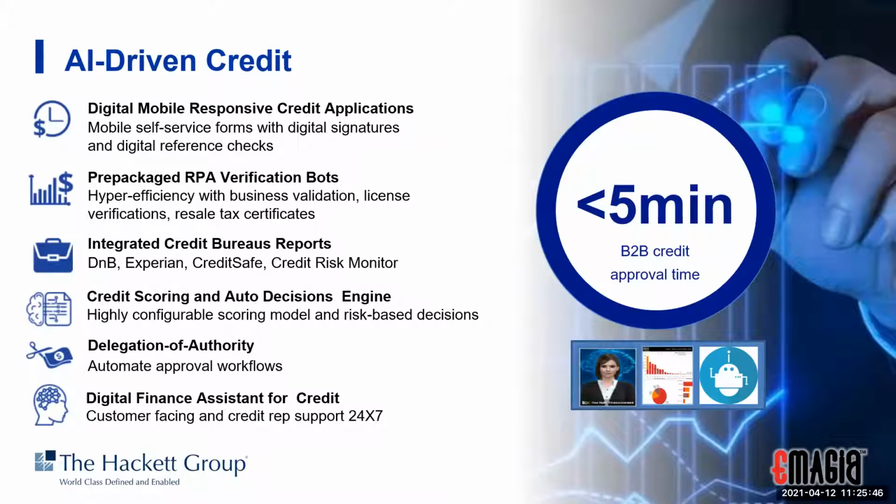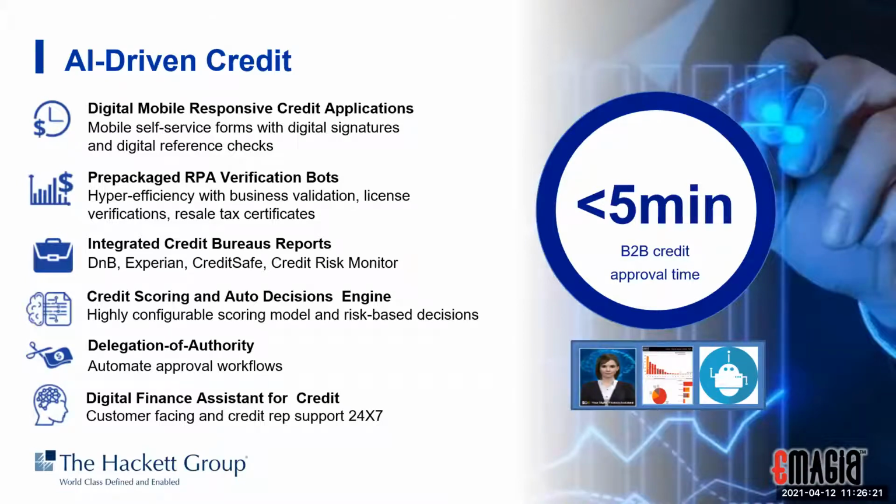AI-driven credit. With this pre-packaged manner, putting in automation, analytics, and AI, we are able to drive the entire credit process in different languages, in different countries, and different areas, and reduce the time of credit decisions. In most cases, if the credit decision can be automated, and if it falls within the limits of approvals, then instant credit can be granted in B2B cases.